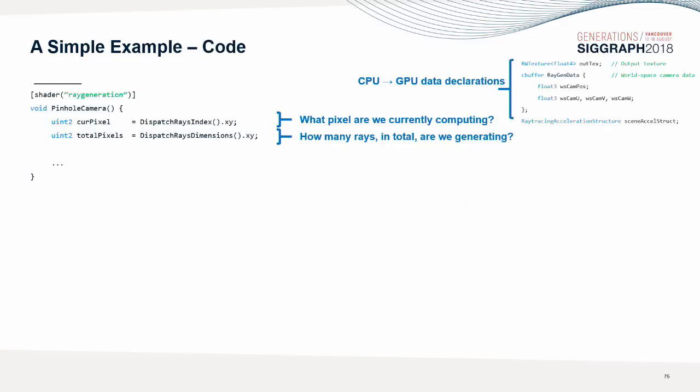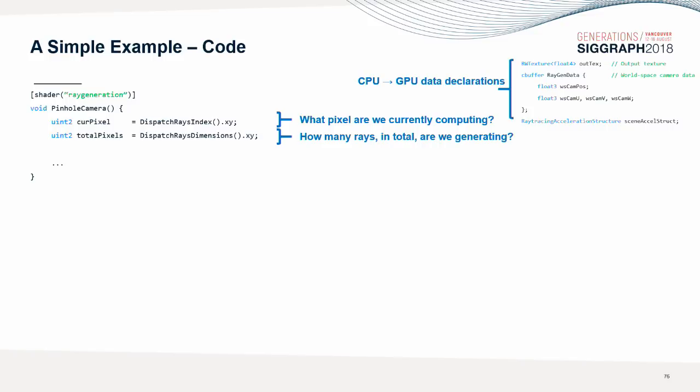So let's walk through a really, really simple DXR ray generation shader. In the upper right, in that small text, are the CPU and GPU data declarations that I did on the last slide. So here's my ray generation shader. The first thing I'm doing here is asking, what pixel am I? This uses the new intrinsic DispatchRaysIndex, which says where on the screen am I?